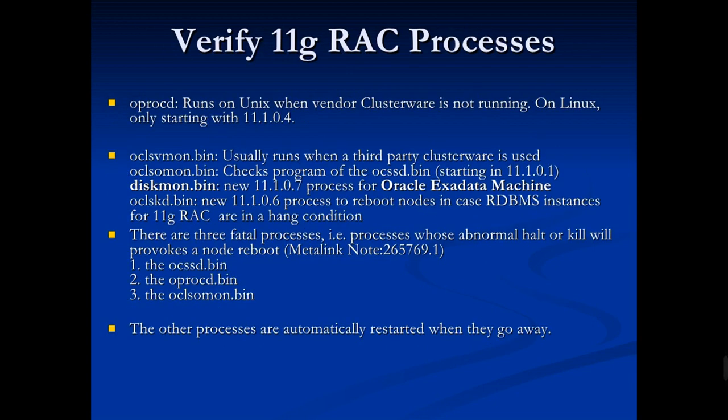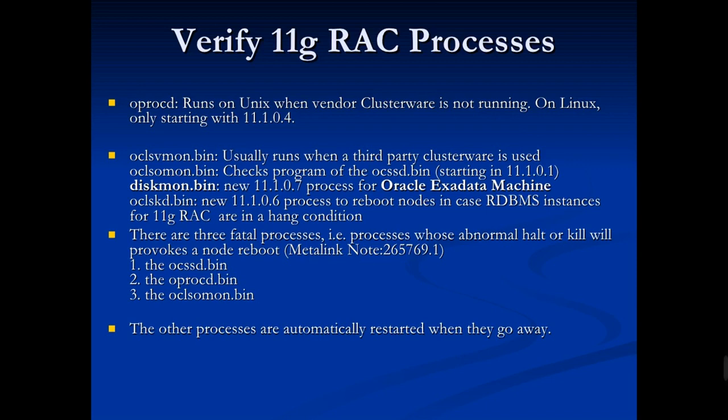Verify 11G RAC processes again. OPROCD runs on Unix when vendor clusterware is not running; on Linux, only starting with 11.1.0.4. These are all the RAC clusterware processes you can see here.